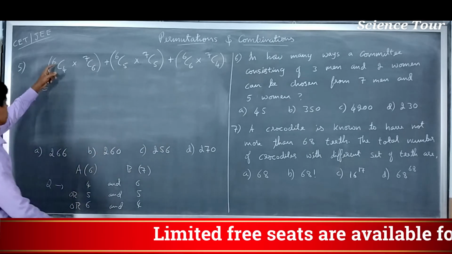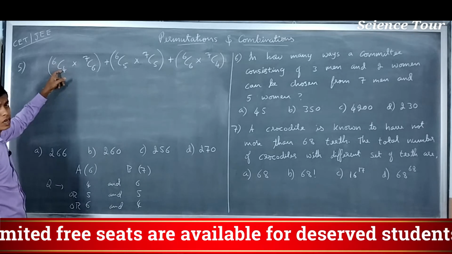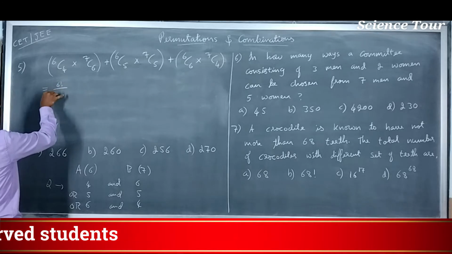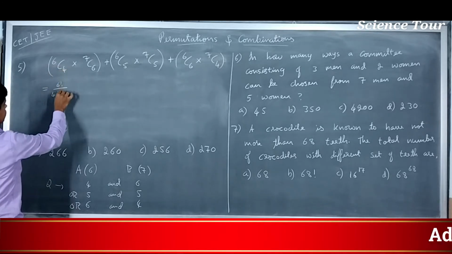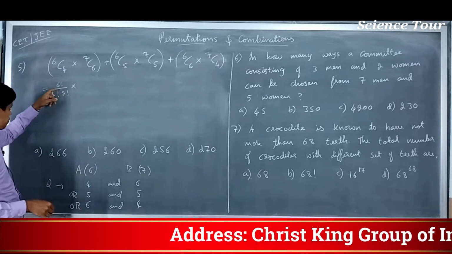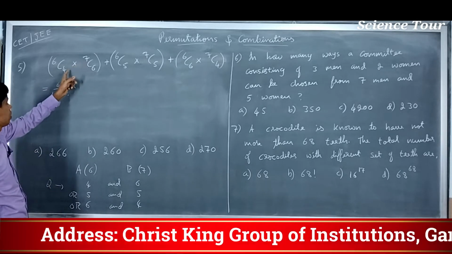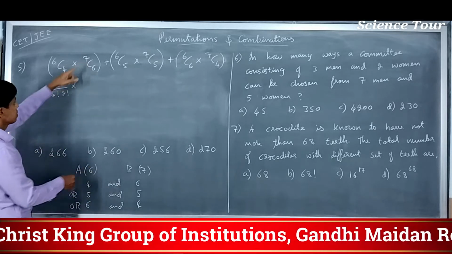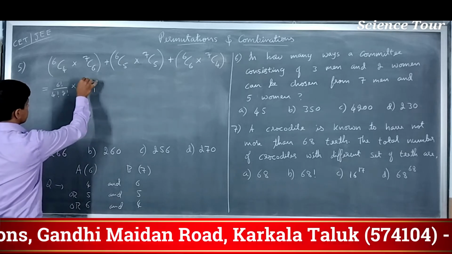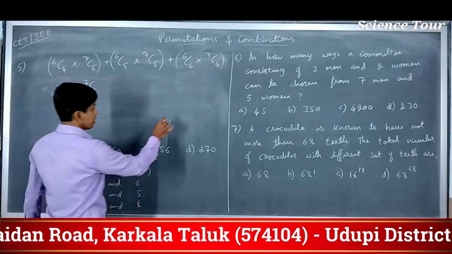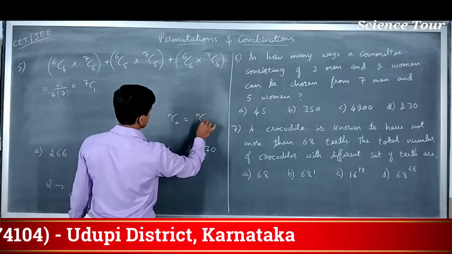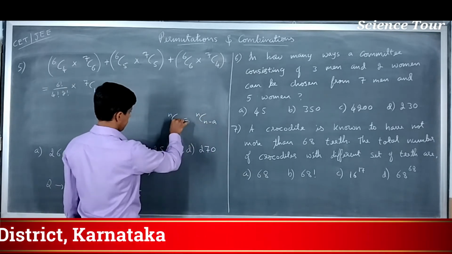So let's do it. First you have 6C4. What is 6C4? 6 factorial divided by 4 factorial, and then 6 minus 4 is 2 factorial, into 7C6, which is nothing but 7C1, if you know what I mean. nCa is nothing but nC(n minus a), correct?